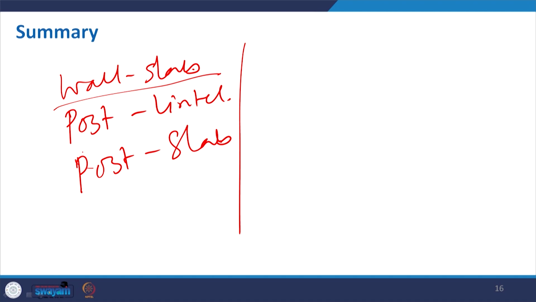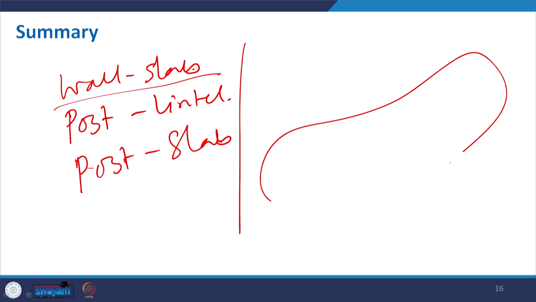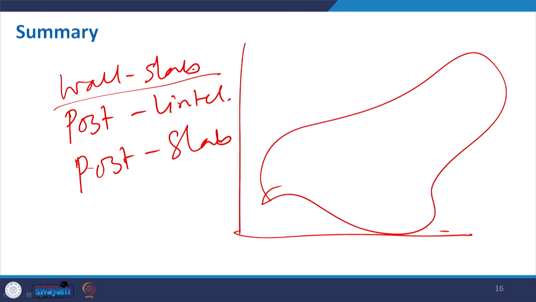Now, someone may ask me, whatever these forms are being created, what about when we have this kind of structure, some structure like this, where nothing follows the three criteria?